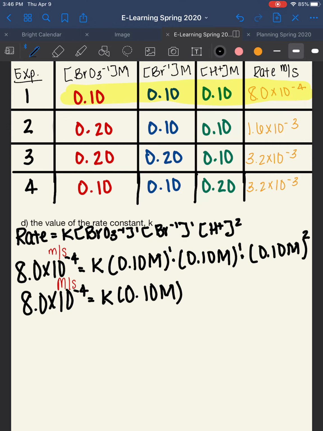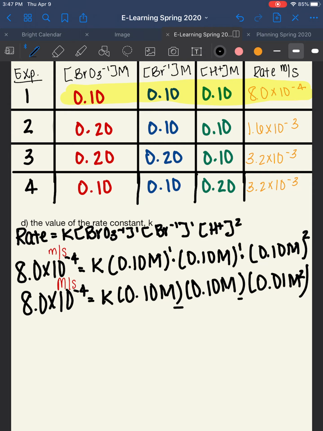I'm sorry. You should always be including your unit. Again, 0.1 molar to the first power is just going to be 0.10 molar. And then 0.1 molar squared, I already did the calculation beforehand, so this one is going to be 0.01 molar squared. We squared the value and the units here.